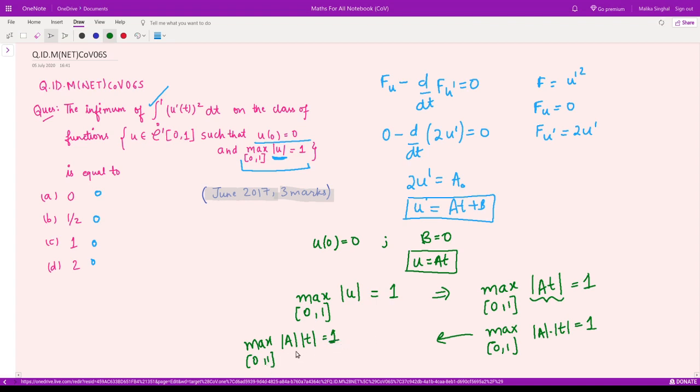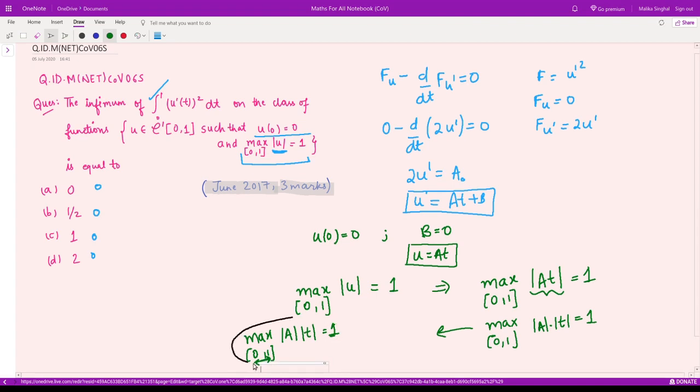So here I have to substitute the value of t from this interval such that this whole thing becomes maximum. So how can we do that? What is that value of t? The value of t is 1. So this gives me modulus of a is equal to 1, or a is equal to plus minus 1.